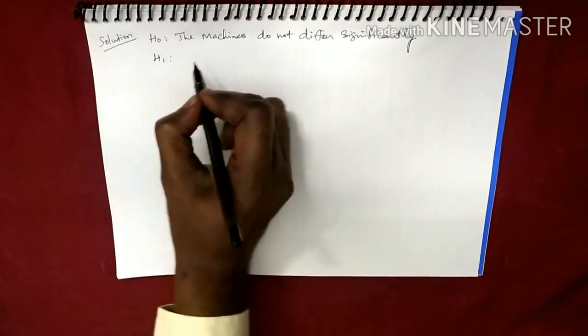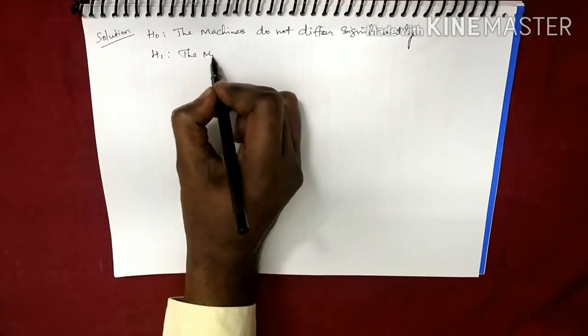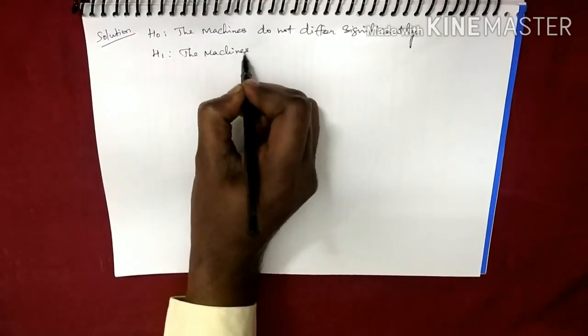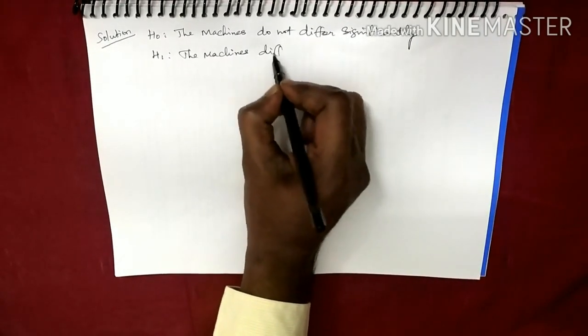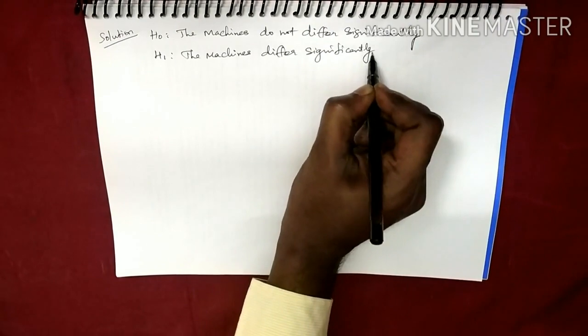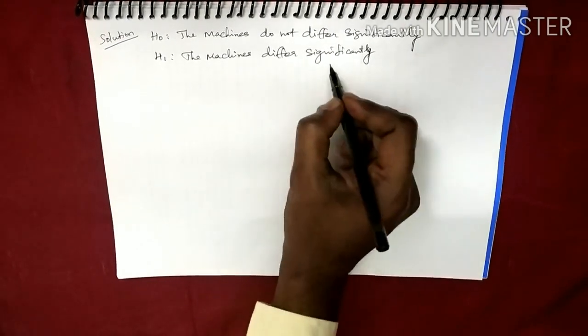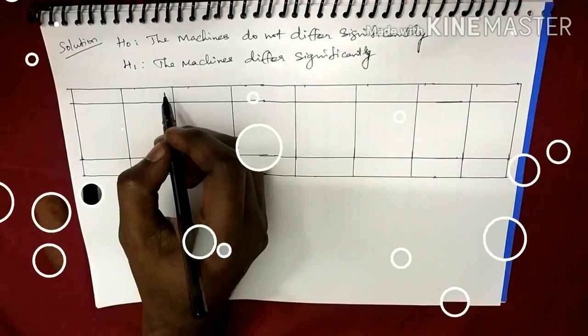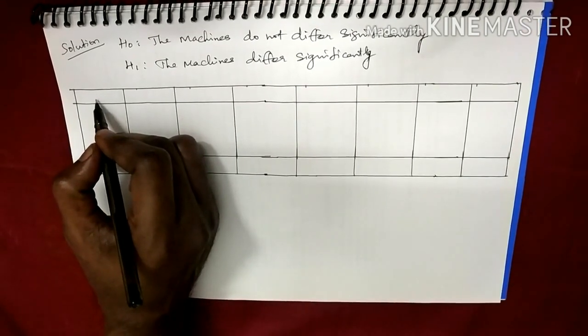The alternative hypothesis: the 4 machines differ. At the end we will come to know which claim is true.